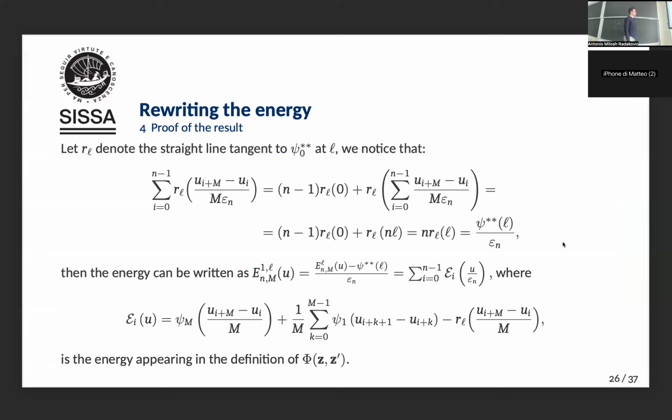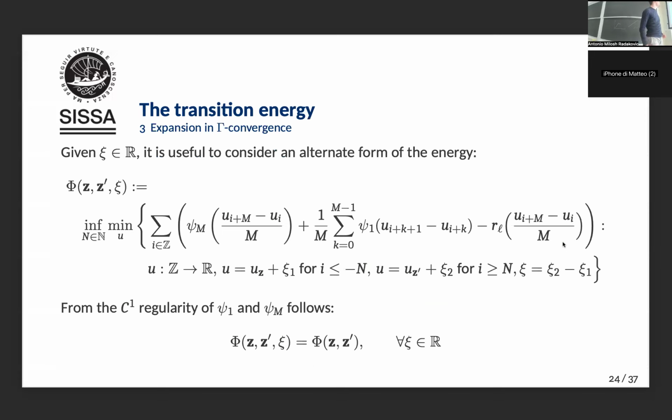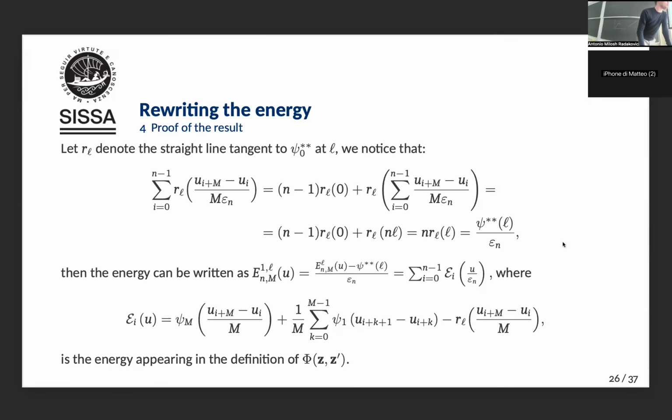So now we are going to prove these results. At first, I didn't say what the additional term for the transition was. We have an additional term of M-range interaction, where the function RL is the tangent line to psi star star in the point L. So we can recover that part simply using some property of an affine function.